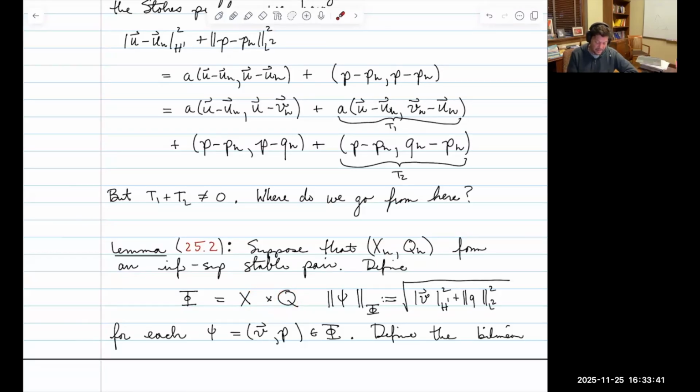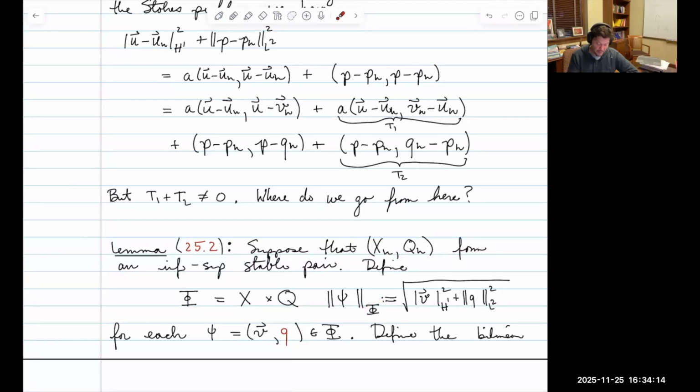We're also going to give this a norm. So anything from that space, let's say psi, which is a pair of a velocity and a pressure. Let's see, I wrote that wrong, so that should be a Q. So let's take a velocity and a pressure from that space, form a pair called psi, and here's going to be the norm for that object in this space.